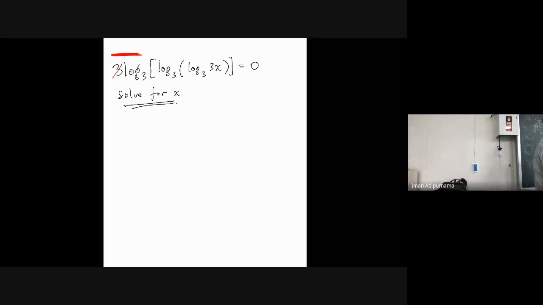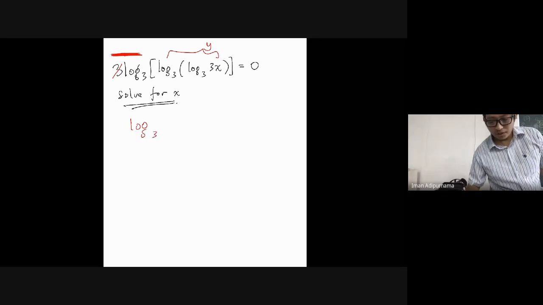So you still have log base 3 of this huge monster. If you feel intimidated, just make this y, or another variable. So you have log base 3 of y, and the whole thing inside is y. It's 0.